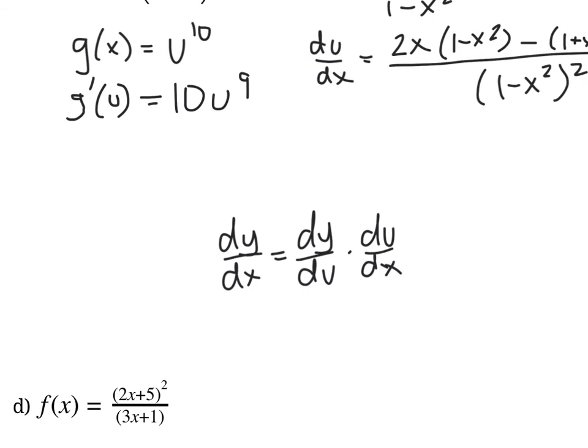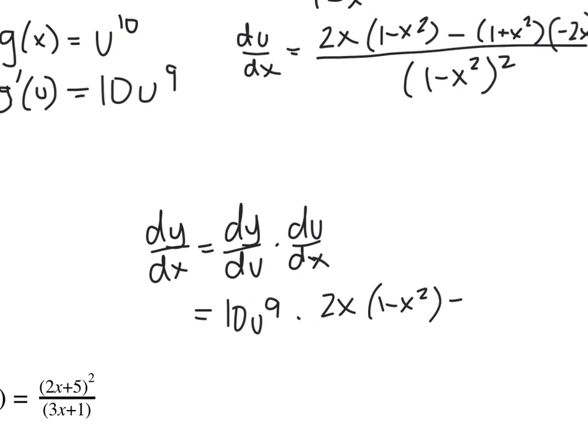So dy by dx is dy by du, or, as we set up here, g prime of u, which is just going to be 10u to the power of 9, times du by dx, which again was 2x, 1 minus x squared, minus 1 plus x squared times negative 2x, all over 1 minus x squared squared.